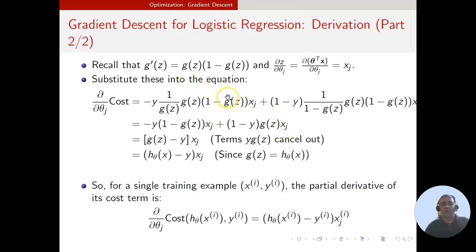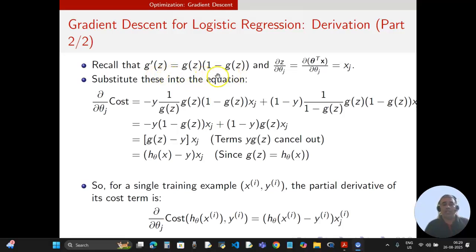We also know from the differentiability discussed in the previous lecture, it has a nice property: g dash of z is g of z into 1 minus g of z. That means the derivative of the sigmoid function can be written with the same function. And we also discussed dou z by dou theta j is xj.